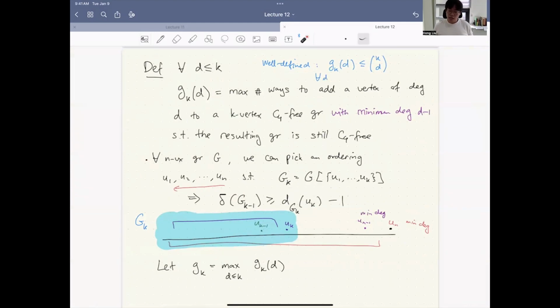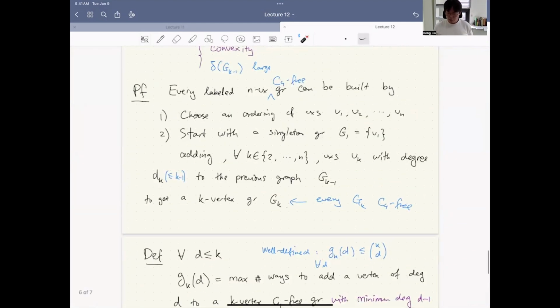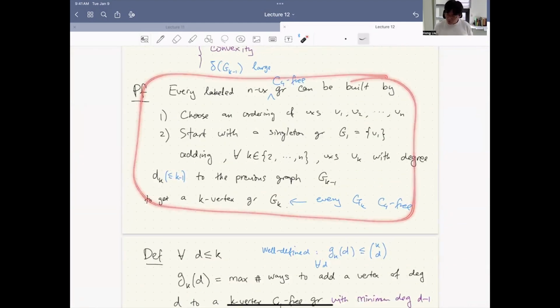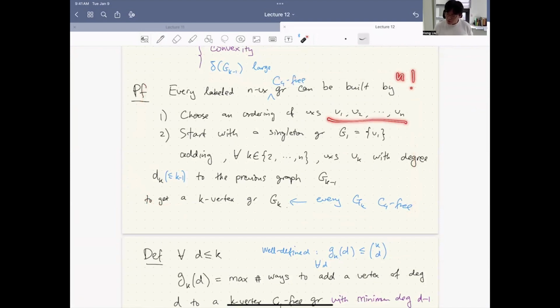After defining GK, now we can bound the number of C4-free graphs. First, choose the ordering, which is n factorial. Now choose the degree of each vertex we're going to add at every stage. The degree at every stage grows like 1, 2, 3, 4, 5 to k minus 1 at stage k. So it's another n factorial.